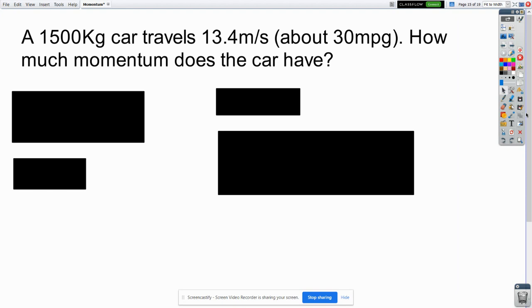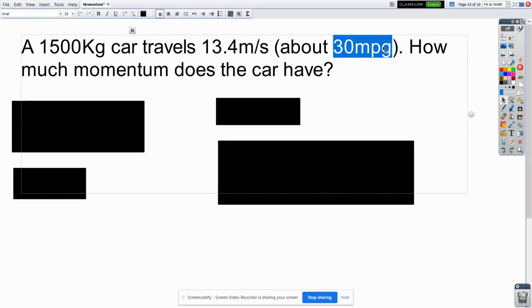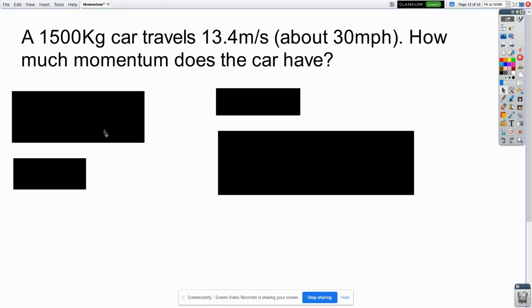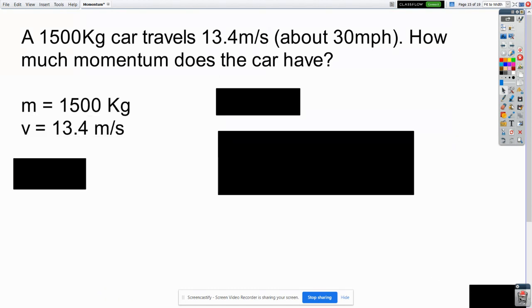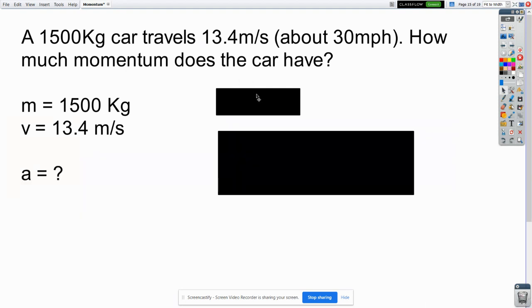Let's see what happens when we speed the car up. Same 1,500 kilogram car moving 13.4 meters per second this time. That is about 30 miles per hour. How much momentum does the car have? So again, kilograms measure mass. Meters per second measure velocity. We're looking for momentum. Only one equation that fits those so far.